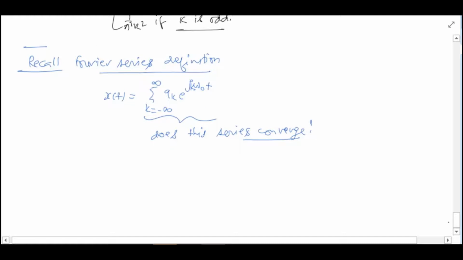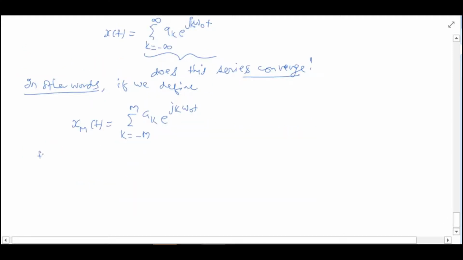In particular, if I define a signal x_m(t) to be a finite sum where I only take terms between minus m and m, a_k e raised to jk omega naught t, then as I take m to infinity, does x_m(t) approach x(t)?